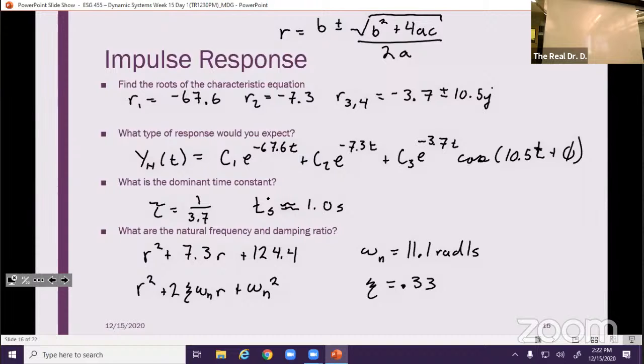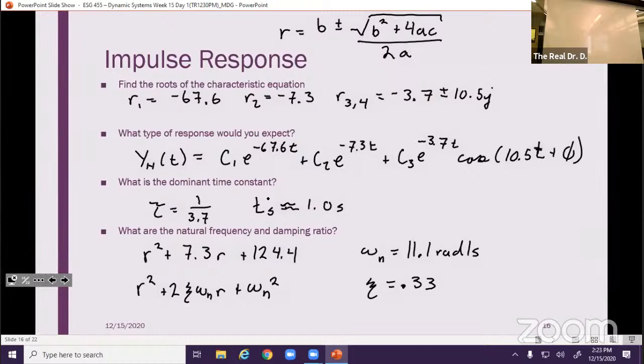Now, is this going to be the exact natural frequency of our system? No, we took a liberty here to figure out what it was. But it's going to be pretty close. How do we know that? The other two roots that we discarded were purely exponential. Since they're purely exponential, they lie on the real axis.